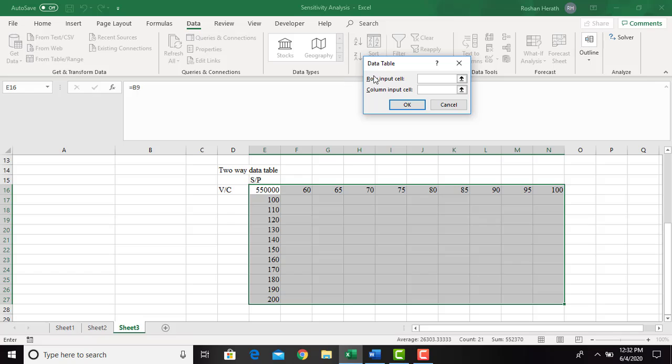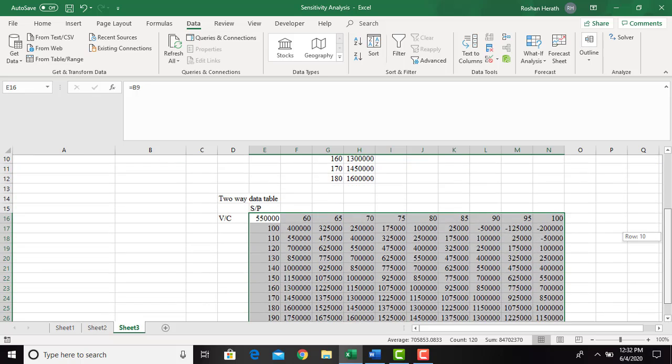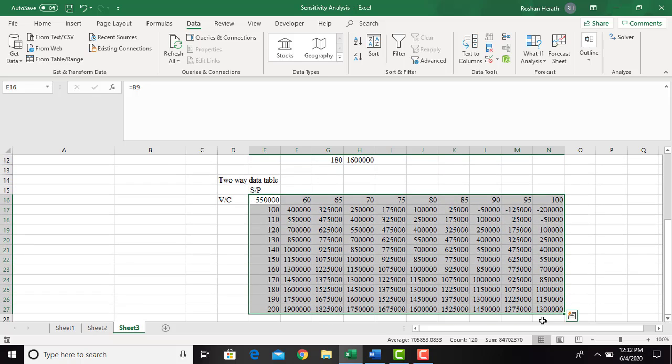Then it asks row input cell, column input cell. දැන් අපිට ප්‍රශ්නයක් නැහැ. row input එකක් තියෙනවා, column input එකක් තියෙනවා. මොකද්ද row input එක? row එකේ arrange කරලා තියෙන්නේ variable cost එක. එහෙනම් basic model එකේ variable cost එකට refer කරනවා. column එකේ අපි arrange කරලා තියෙන්නේ selling price එක. එහෙනම් basic model එකේ selling price එකට refer කරනවා. Say okay. See, so it produces the different outcomes. Different outcomes it is placed.